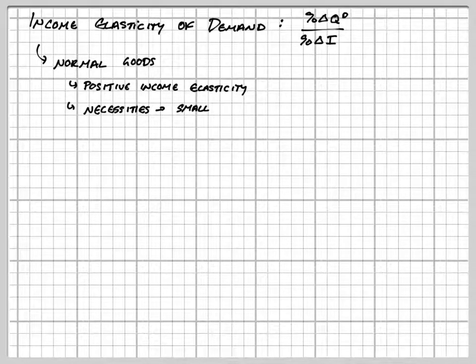In other words, if there's a good that I need, like power for my house, my purchase of electricity is not going to be highly responsive to income. I need this. Groceries, rent. Luxuries, fancy cars and so on, changes to my income will have a significant effect on the demand for these goods.